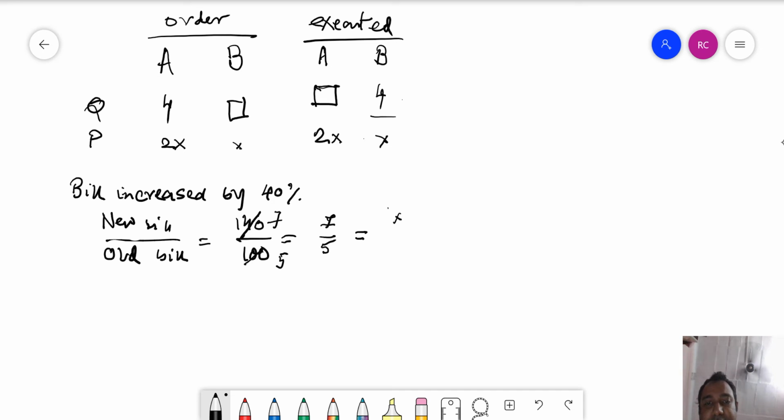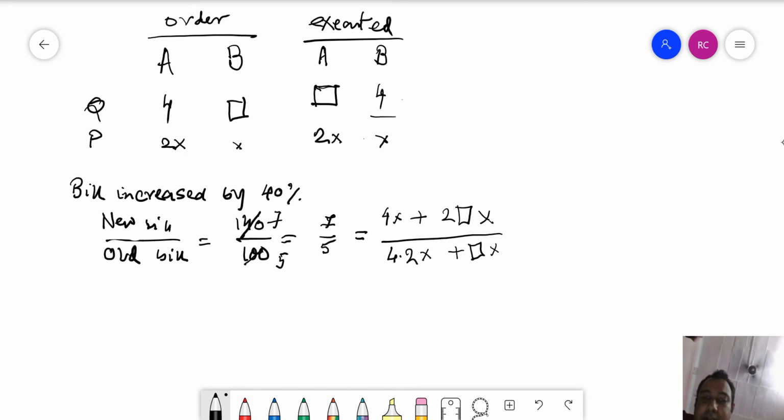So we get 4x plus 2 box x divided by 4 into 2x plus box x. In other words, we can strike out the x's. Gets 4 plus 2 box by 8 plus box is equal to 7 by 5.